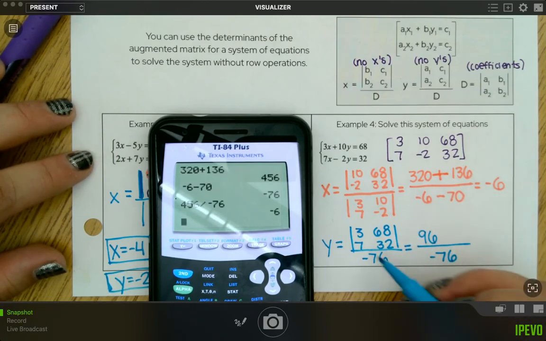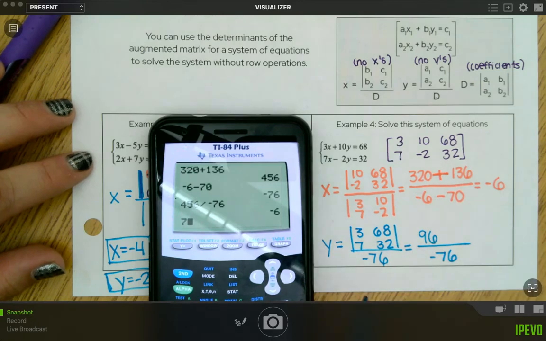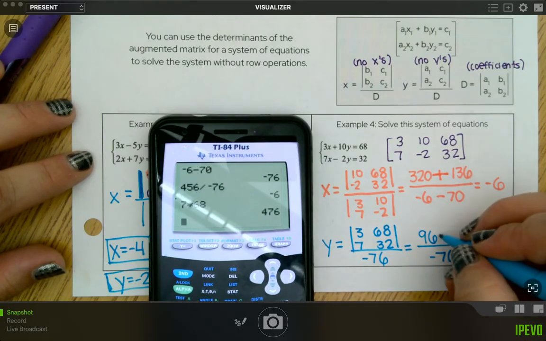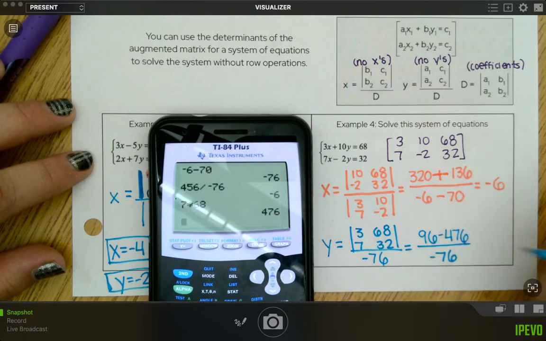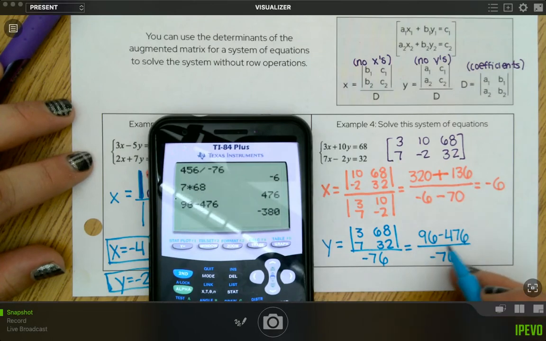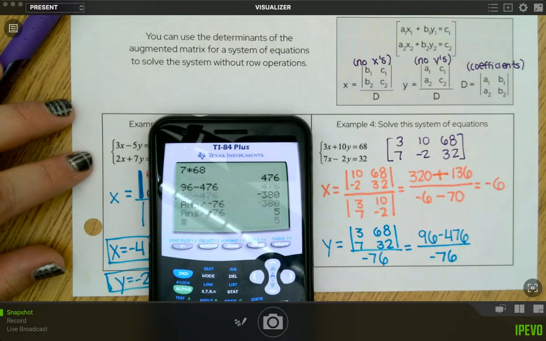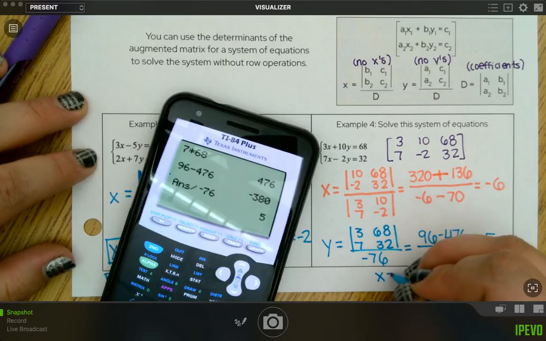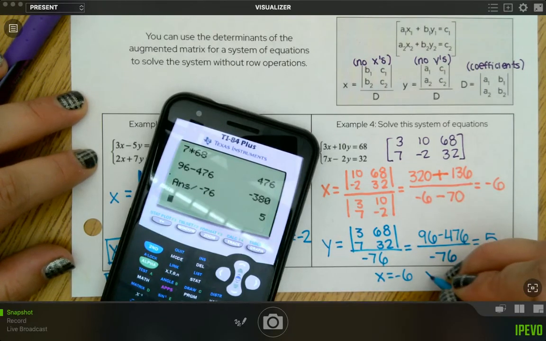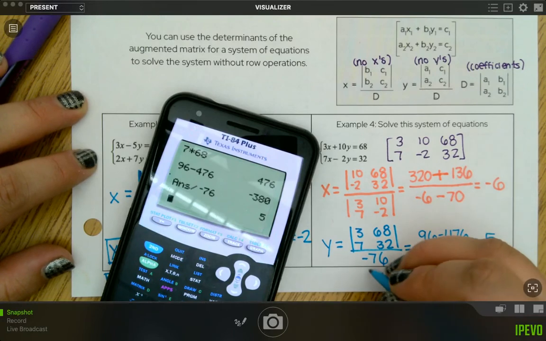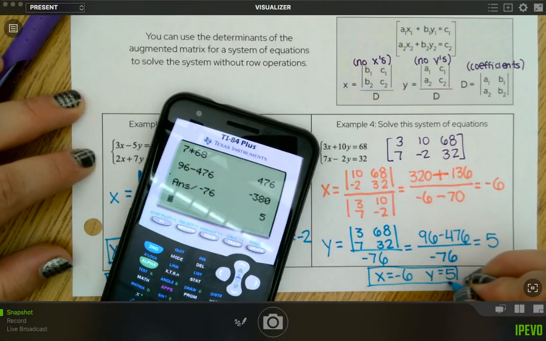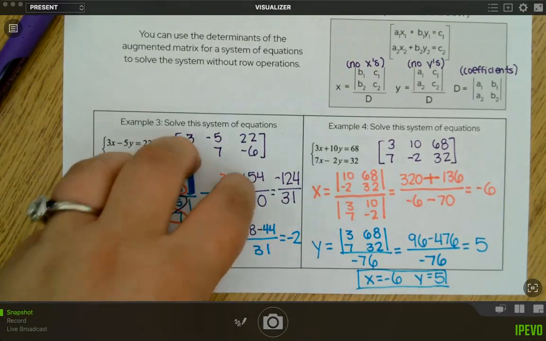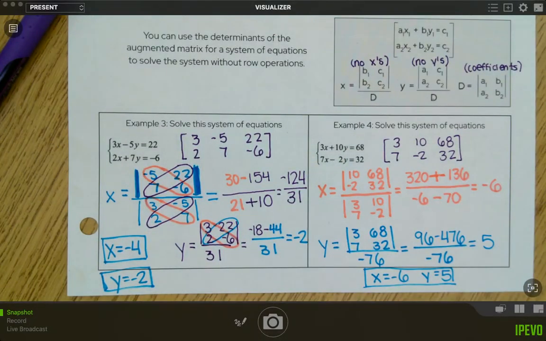There we go. And 7 times 68 is 476. And 96 minus 476. This is negative 380 divided by negative 76 is 5. So we have x equals negative 6, y equals 5. And we just solved those equations. So basically, this is replacing all of the elimination and everything.